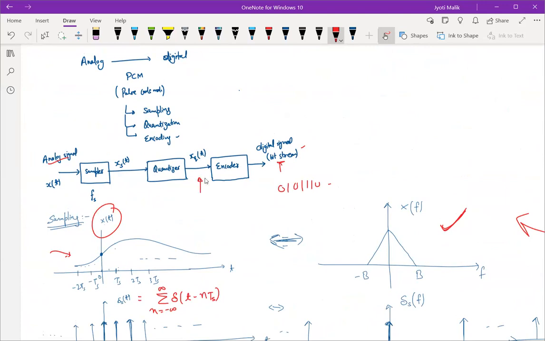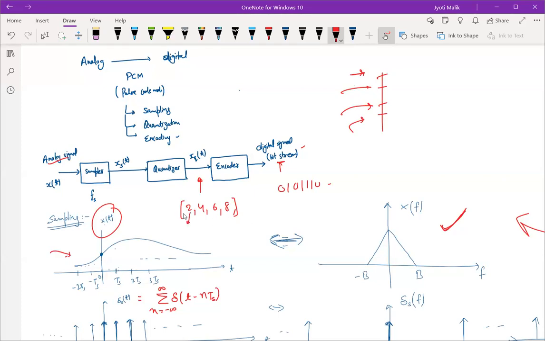The step before is that there will be only some fixed levels like 2, 4, 6, 8. How many total levels are there? 4. We want to represent these levels in bits. These 4 values can be represented by 2 bits.